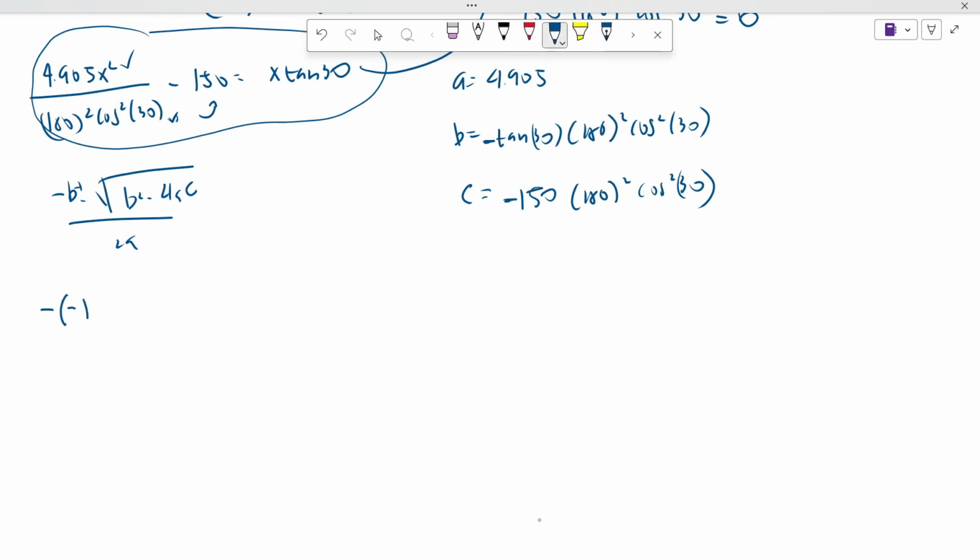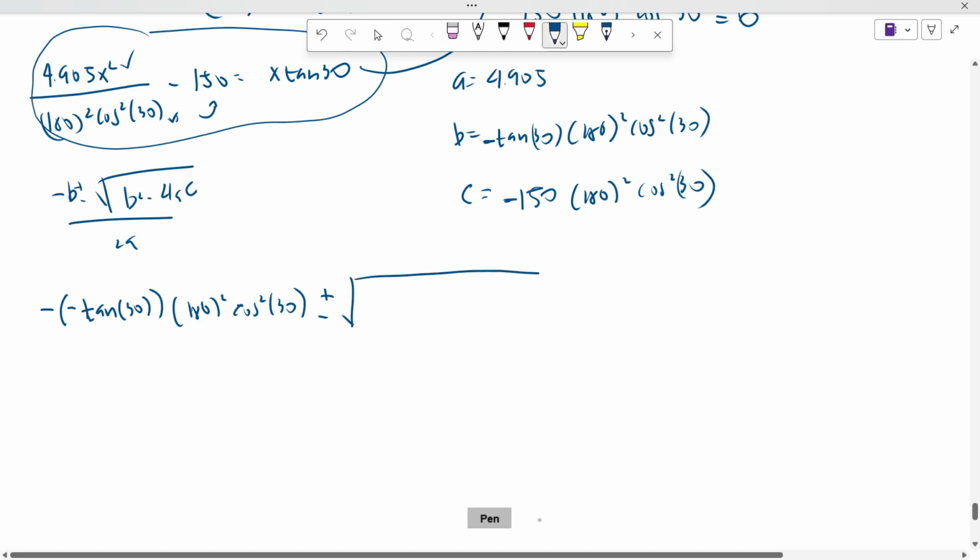Then, the copy of negative tangent of 30, 180 squared cosine squared 30, positive negative squared of yan. Napakahaba. Copy paste na lang natin to para hindi tayo mahirapan. Wait, copy natin.